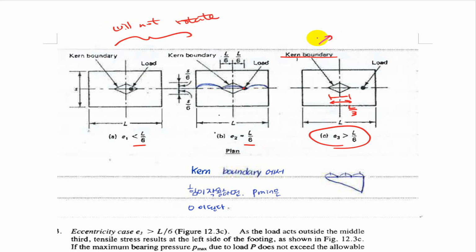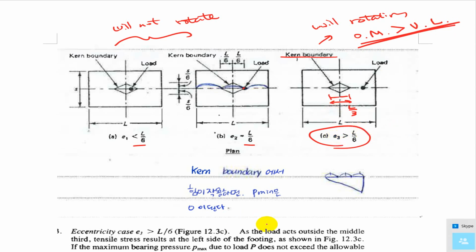Well, in this case, it will rotate, because we have overturning moment greater than the vertical load. Okay, so this is something that we should prevent from happening.